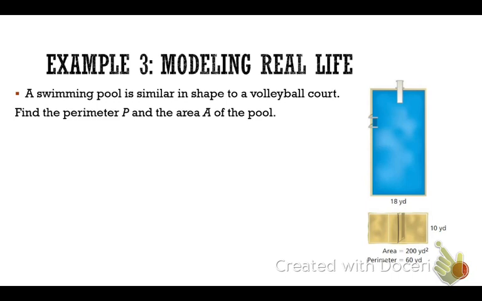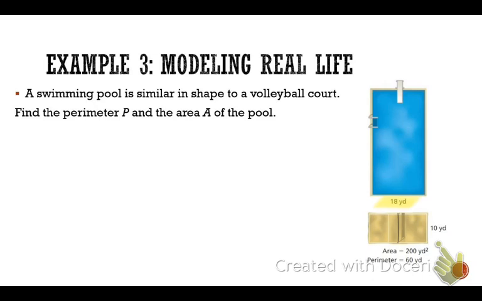Okay, so here's what we're looking at. Guys, pay attention. Okay, they're saying that these shapes are similar. We obviously have a lot more information on the volleyball court. Okay, but the first thing we need to be able to do is identify what information is even here in the first place. Okay, so 18 yards, would that be the width of the swimming pool or the length?